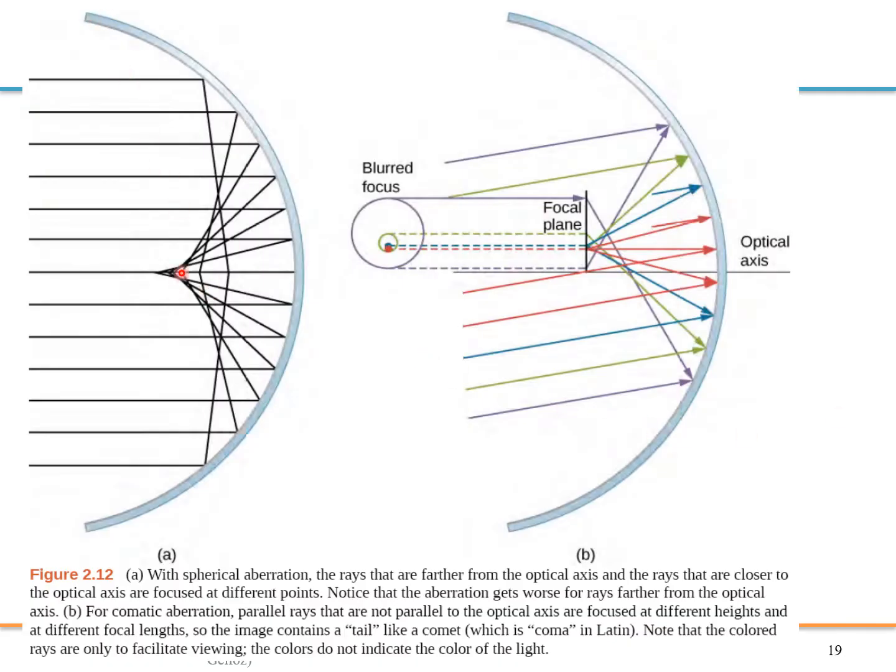Okay, so you can see this is a kind of zoom, so you can see again that problem. And you see the problem is increasing when the rays are getting farther away from that optical axis.